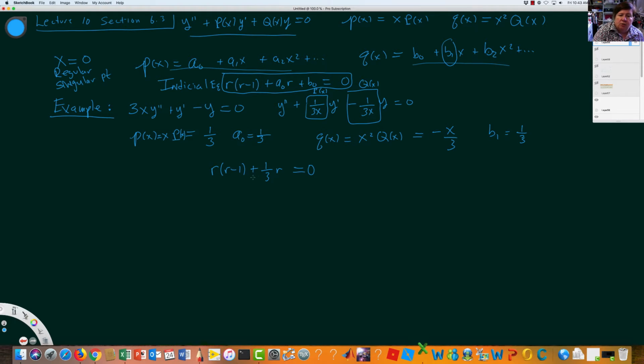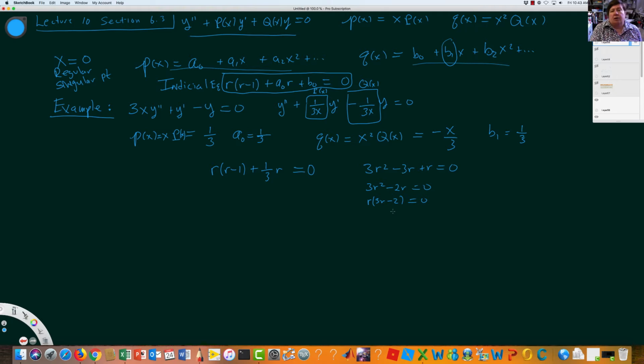I'm going to multiply everybody by 3 and expand: 3r squared minus 3r plus r equals 0. Then I get 3r squared minus 2r equals 0, which I'll write as r times (3r minus 2) equals 0. And that indeed is the indicial equation we had gotten before.